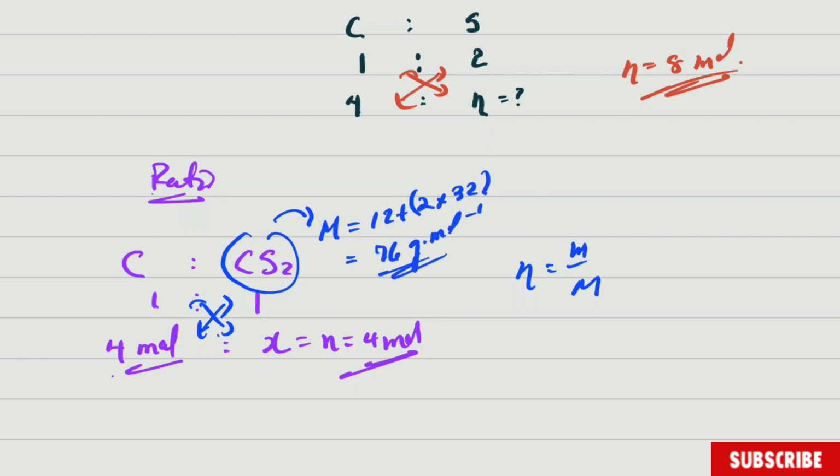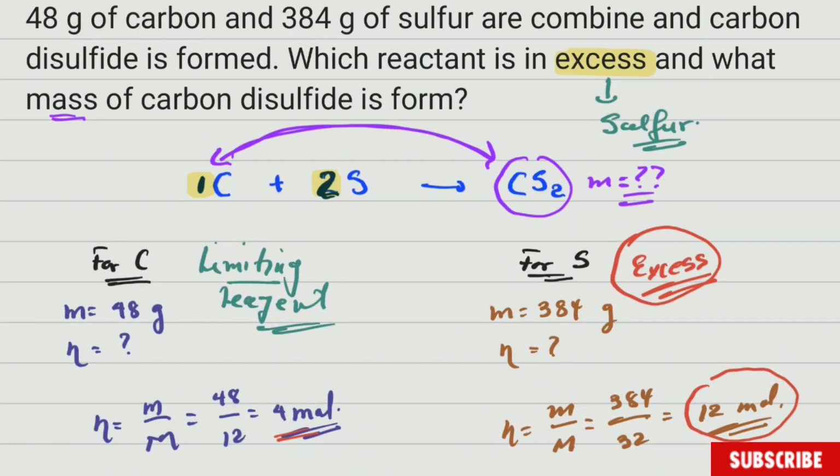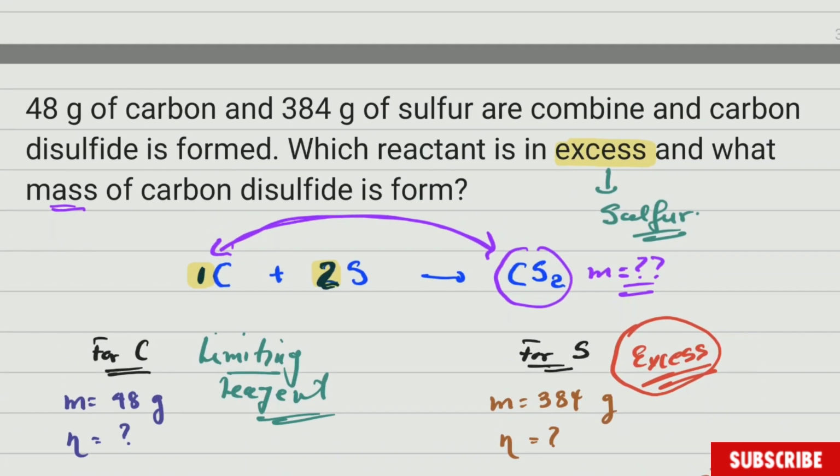Guys, if you substitute here, you have that 4 is equal to mass divided by 76. The answer for this calculation of mass is equal to 304 grams. This is the amount of carbon disulfide we can produce during this chemical reaction with this specific amount of reagent, guys.